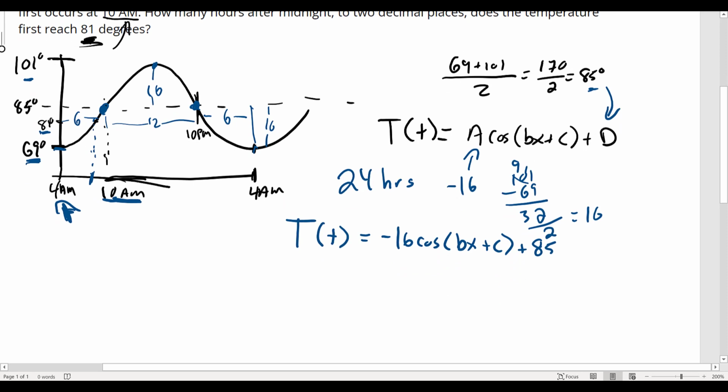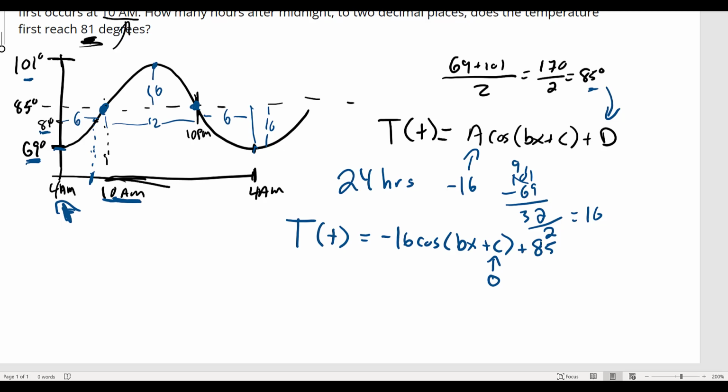I know we're starting here at 4 a.m., but it's not really shifted, because that's why I'm making that the bottom of the temperature. So we're really looking at the time past 4 a.m., so we'll add something to 4, because 4 is already the time past midnight. So I'm going to go with our c being 0, because the graph's not shifted horizontally, just vertically. It is reflected negatively, so that's why it starts at the bottom.